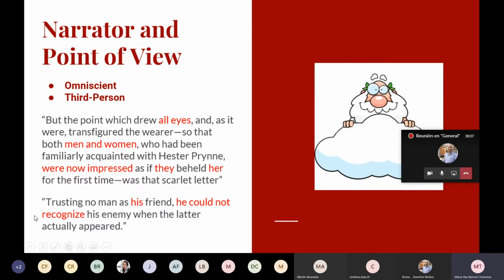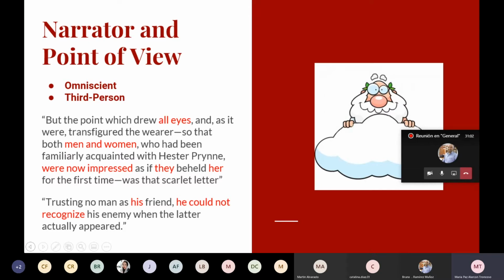The narrator is omniscient because he knows everything that the characters are feeling and what they are experiencing, even what they say when they are alone. He knows every event that is going to happen or already happened. And he's a third person narrator because he talks about what other people are doing.